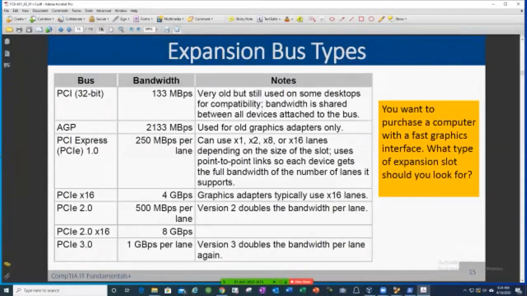So the faster, the better, of course. One of the questions you might get is, if you want to purchase a computer with a fast graphics interface, what type of expansion slot should you look for? Version 2 is faster because it is 1 gigabit per lane, and then version 3 doubles the bandwidth per lane again. So this would be the fastest of them all. It's important to know that.